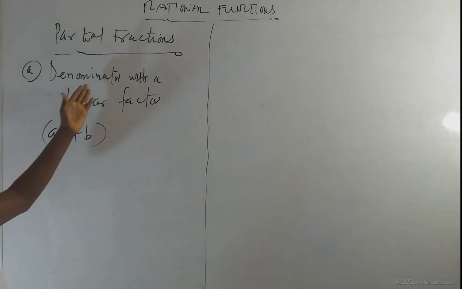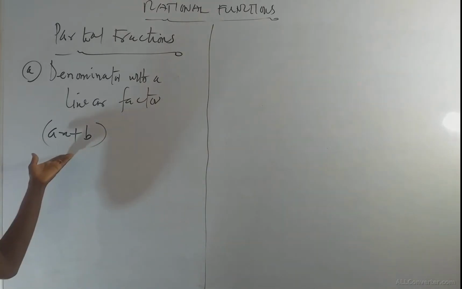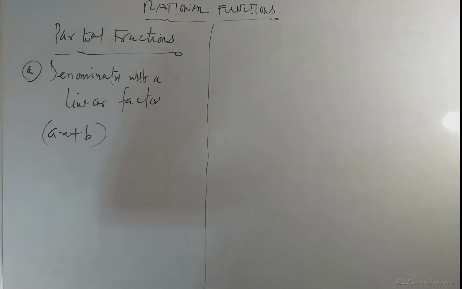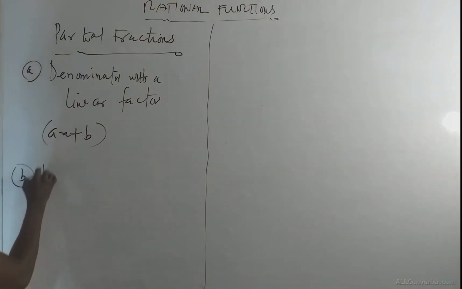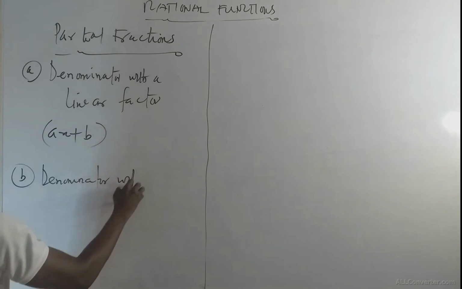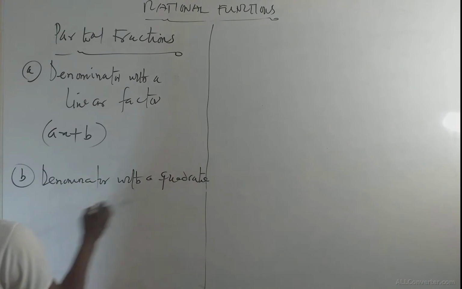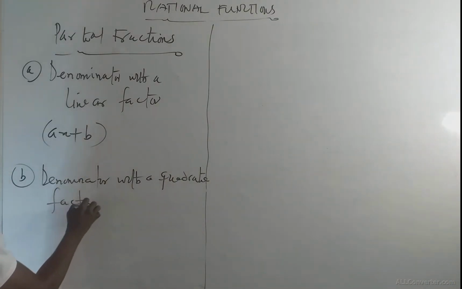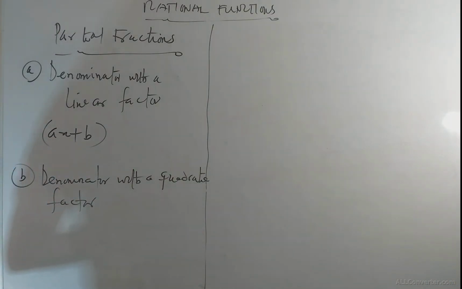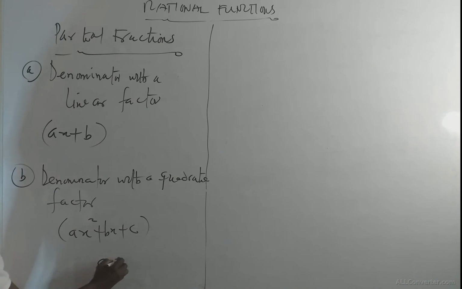So with the denominator with a linear factor, the factors can be expressed in the form ax plus b. But now with the second one, that is denominator with a quadratic factor, one of the denominators can be expressed in the form ax squared plus bx plus c, where a is not equal to 0.